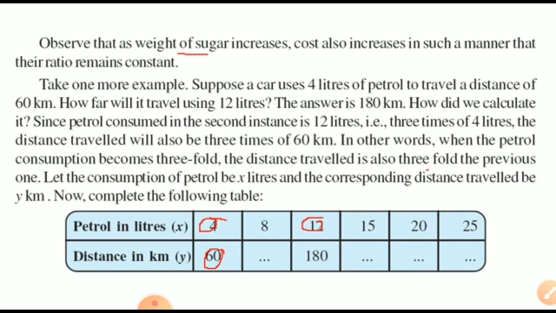You have to suppose let the consumption of petrol be X liters and the corresponding distance traveled be Y kilometers. Isn't it? If this much petrol is needed, then this much distance is covered. 4 liters gives 60 kilometers, so 12 liters gives 180. So how much for 8 liters? 4 times 2 is 8, so 60 times 2 is 120. But when you are finding it for 15, you should say it is either x or y, a variable.